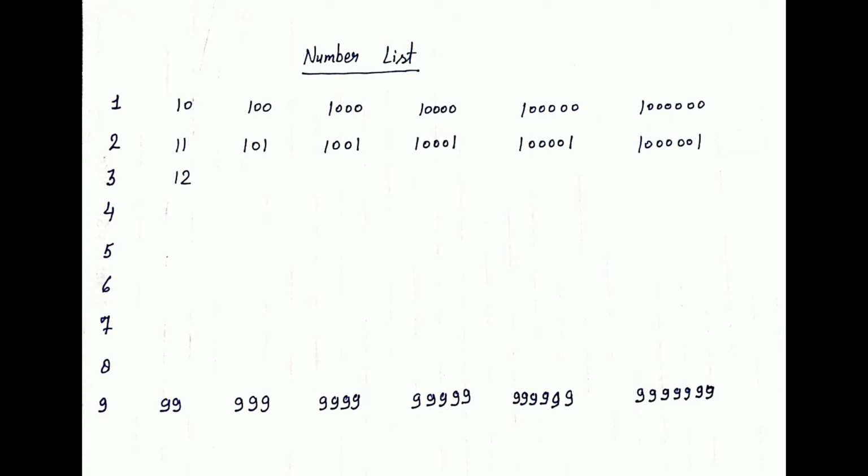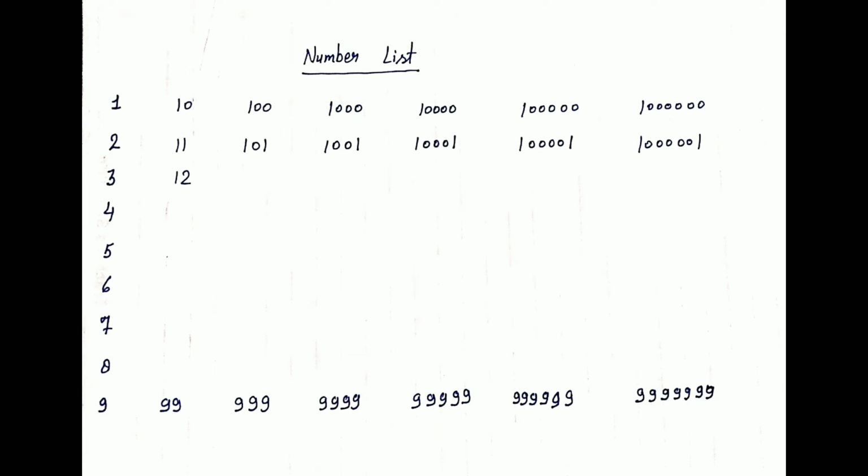Similarly, if I ask you which is the greatest 4-digit number, that would again be 9999, because after this you have a 5-digit number. Similarly, the smallest 3-digit number is nothing but 100.